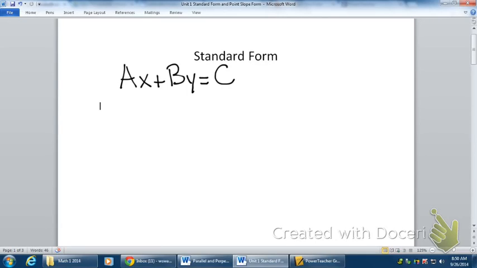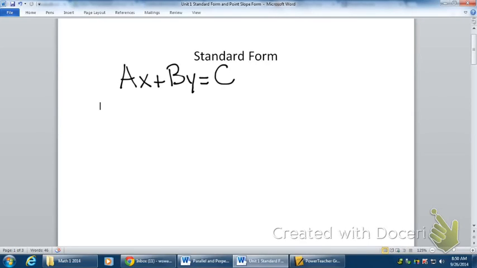For standard form, the main difference is we have x and y on the same side. That is the main thing you need to focus on. Now the value c is just whatever value you have left over there.